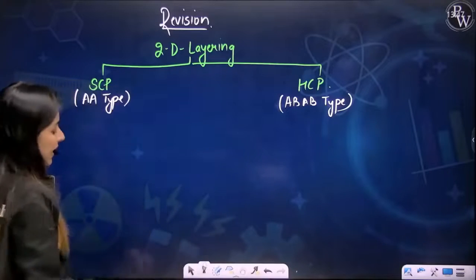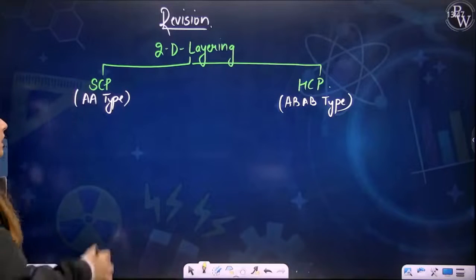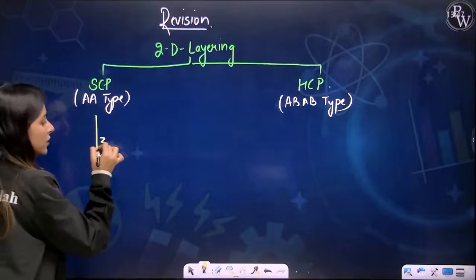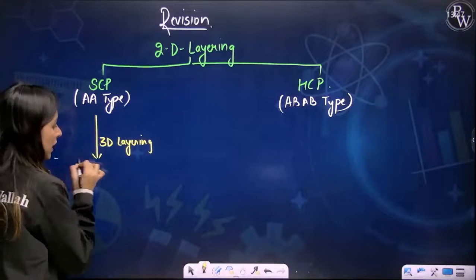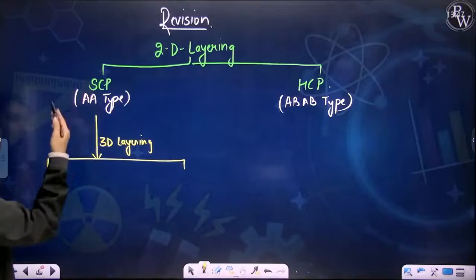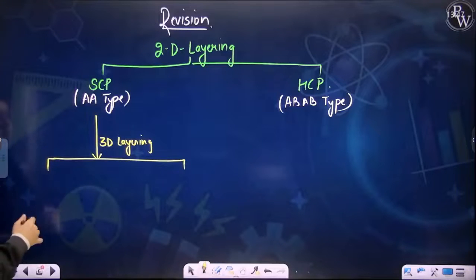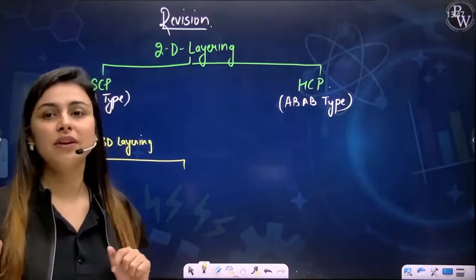Right? Yes. Then from here, we moved forward to the three-dimensional layering. Now from here, it could be your three-dimensional layering, and this could have two possibilities. The one possibility was if you incorporate AA type of layering again as your AA type of layering only.